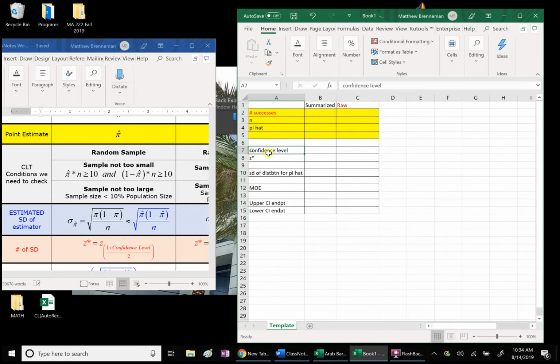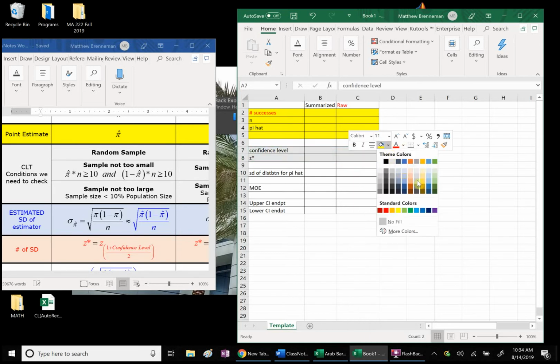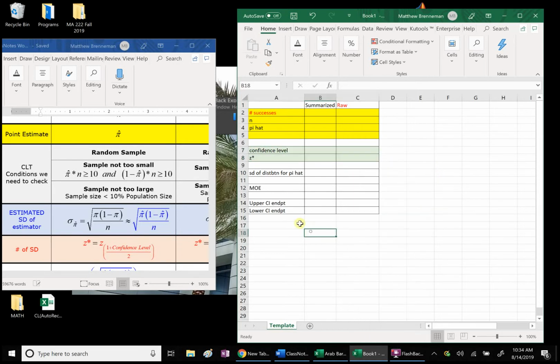Okay, so this will be the information that we need to compute the z-score for the standard deviation. And then the margin of error. So the margin of error is just equal to our z-score times standard deviation.